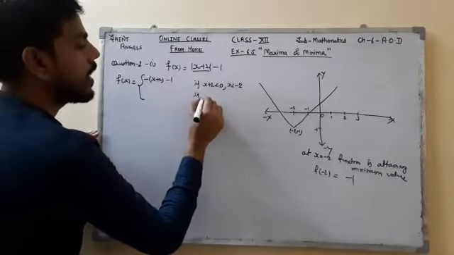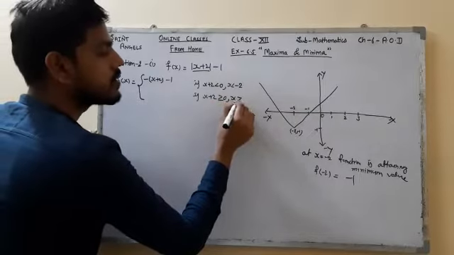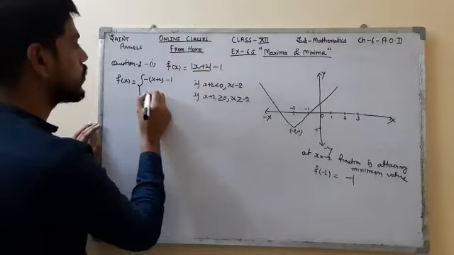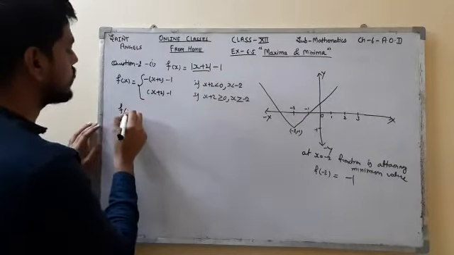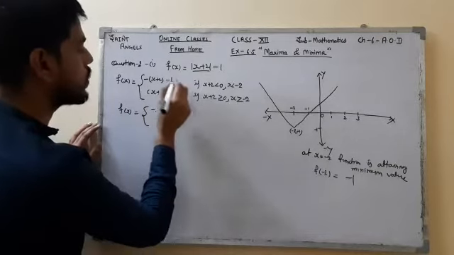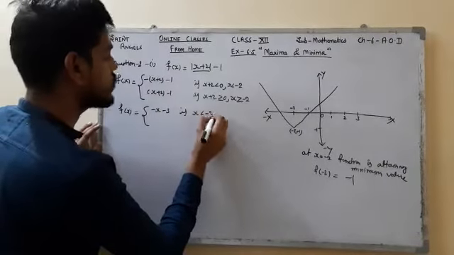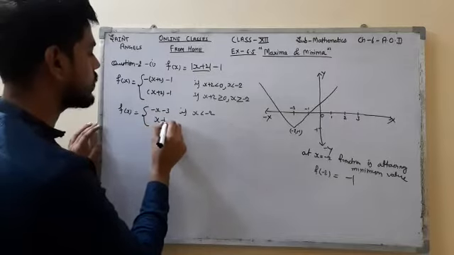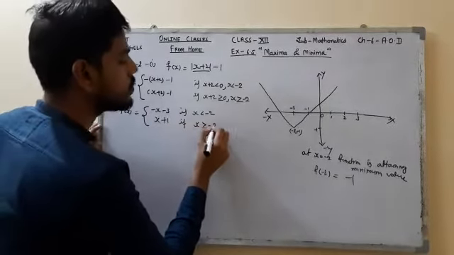And if x plus 2 is greater than or equal to 0, it means x is greater than or equal to minus 2, so it will be positive. So x plus 2 minus 1. So f(x) would be minus x minus 2 minus 1, which is minus x minus 3, if x is less than minus 2, and it would be x plus 2 minus 1, which is x plus 1, if x is greater than or equal to minus 2.